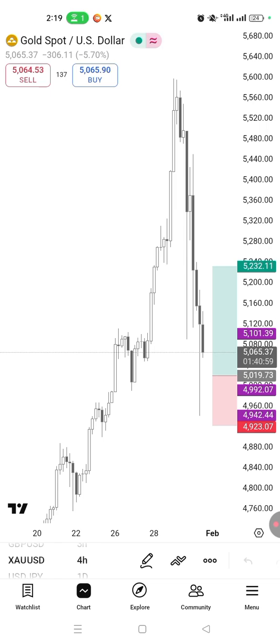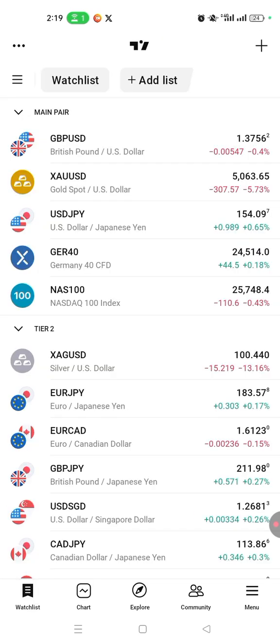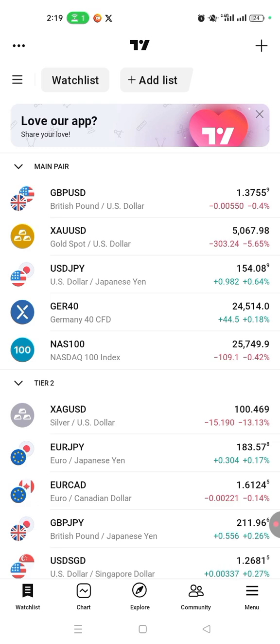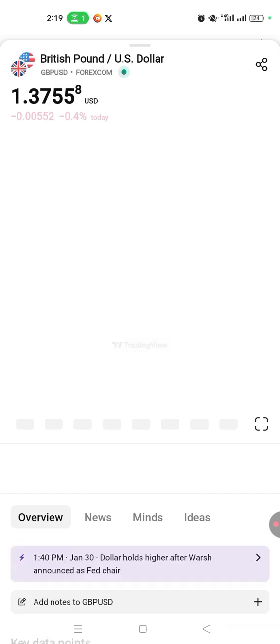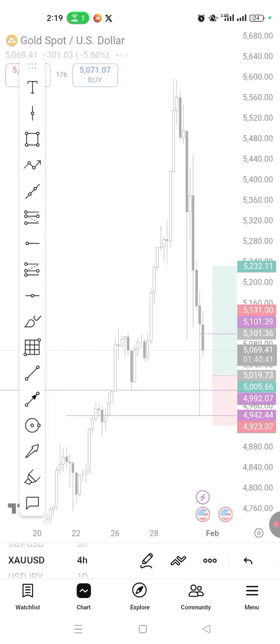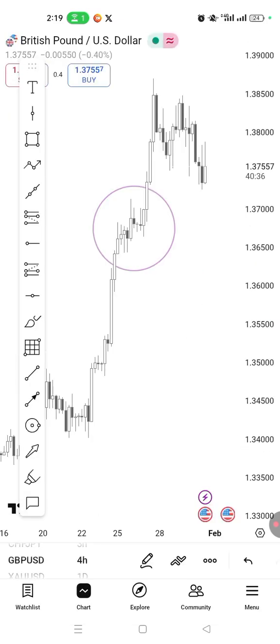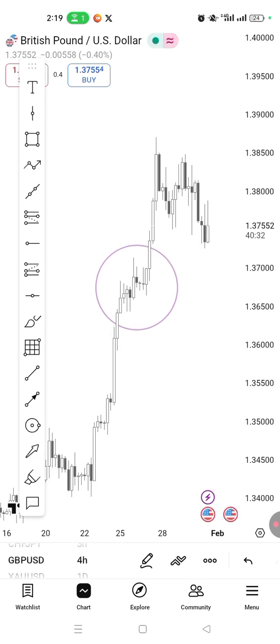The reason is that if you add range to your structure, you will be able to filter noise, and you'll be able to filter early entry, or what we call smart money trap. That is what he failed to add to his entry.